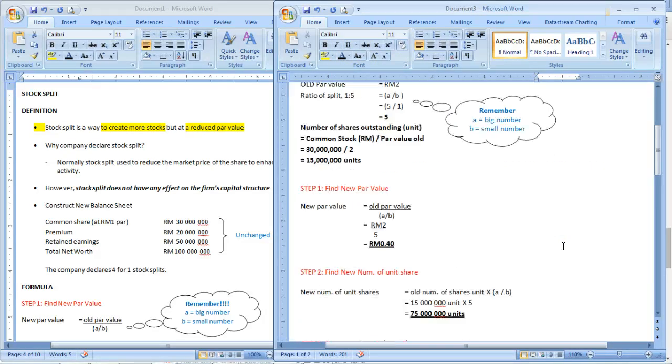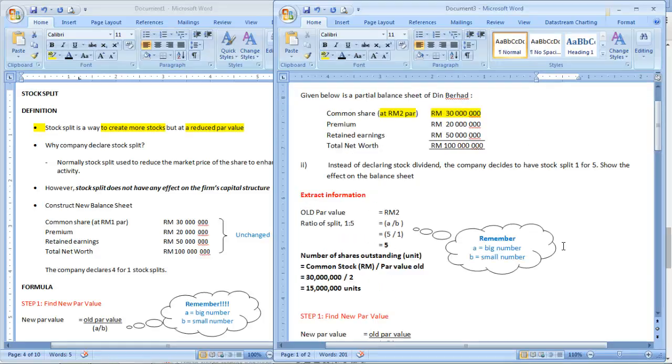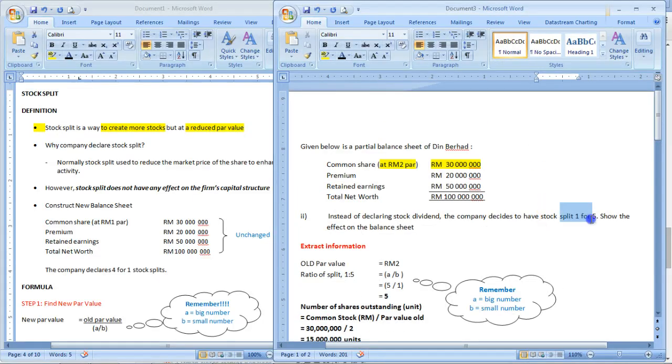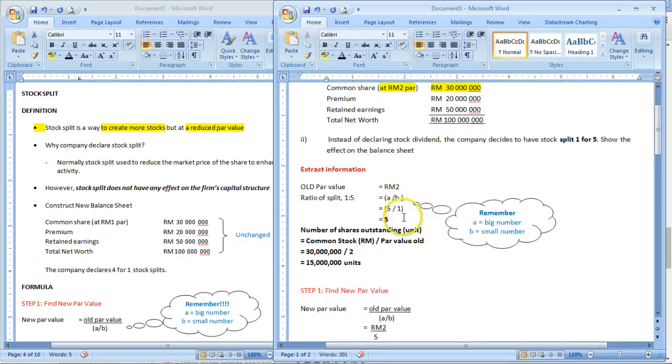Based on my experience in marking, most students are careless on this. Students always make mistakes in the ratio. A divided by B: A is the big number, B is the small number. Remember, 1 for 5 means 1 old for 5 new, so A is for the new and B is for the old one.